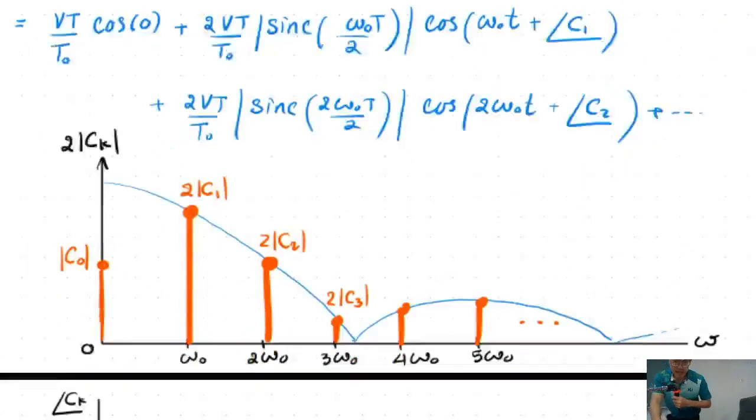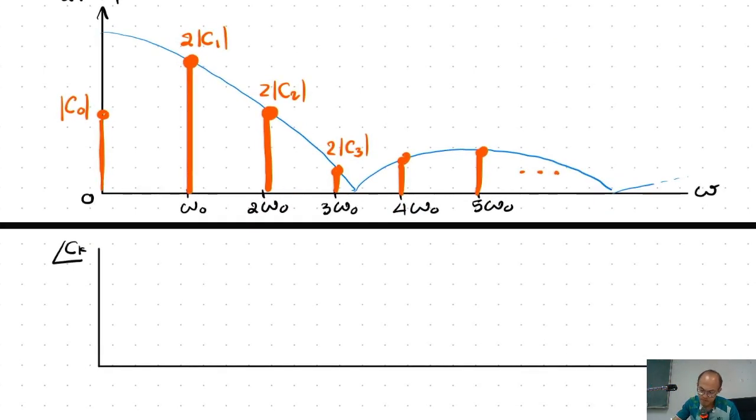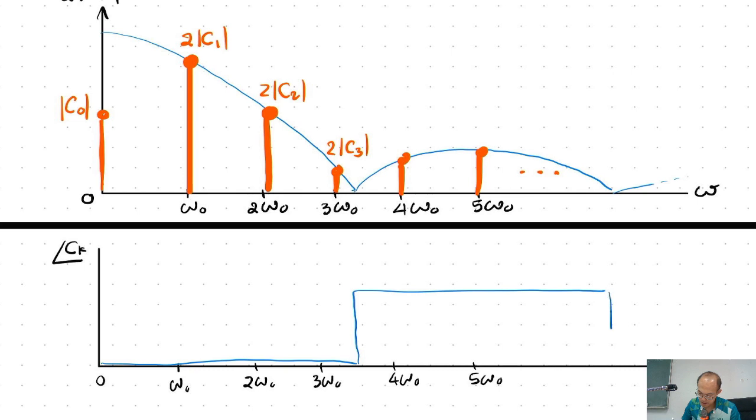Zero, and then pi, and then zero, right? You see, over this lobe interval, the sinc function is positive, so the phase of the sinc function is 0.